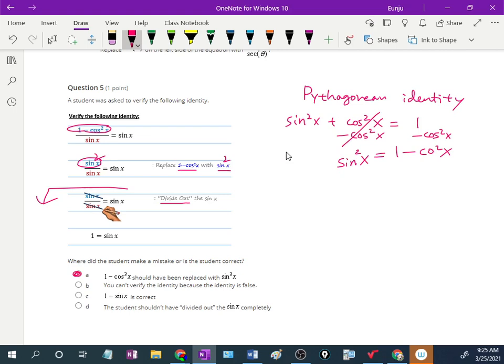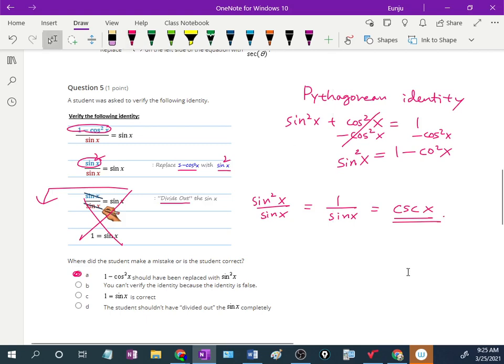If you want to try the correct proof, this will be sine squared of x over sine x, which will be canceled out. So this will be 1 over sine x, which is cosecant x. So this is equivalent to the given left-hand side overall. Make sense?